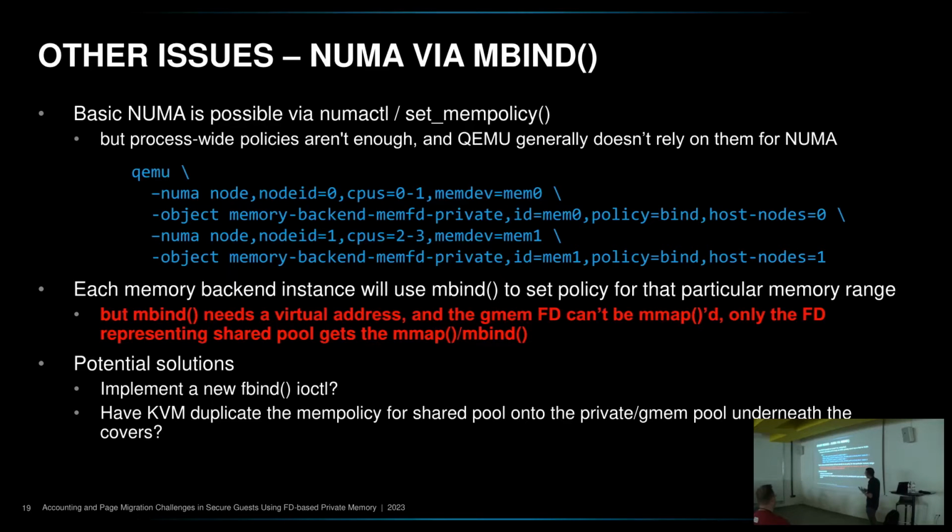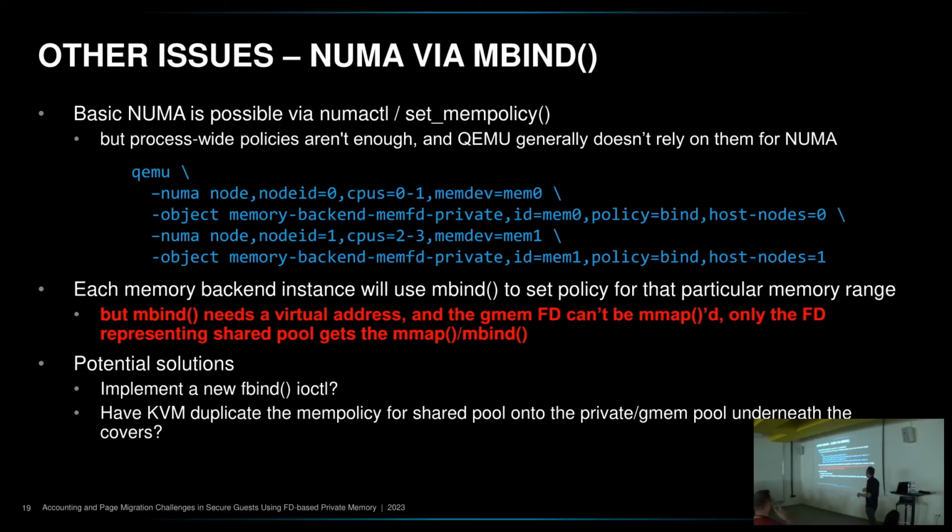There's other potential ways that we could approach it. One of them is that, because there's generally going to be a shared memory allocation for a particular range of memory that corresponds to that private allocation, and it's really just that XArray that's telling the KVM MMU where to grab each particular page from the shared pool versus the private pool, maybe it makes sense to just mirror the NUMA policies that are set on that shared pool to the private pool.